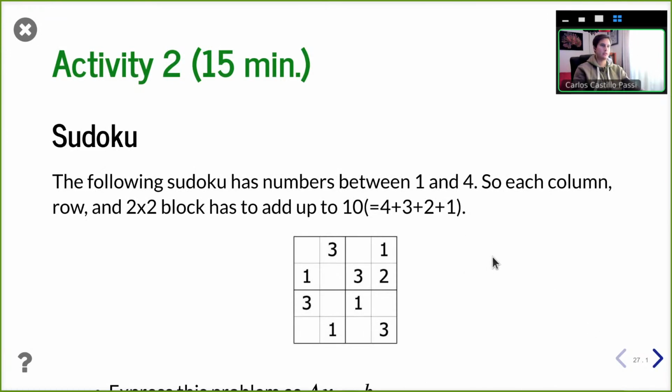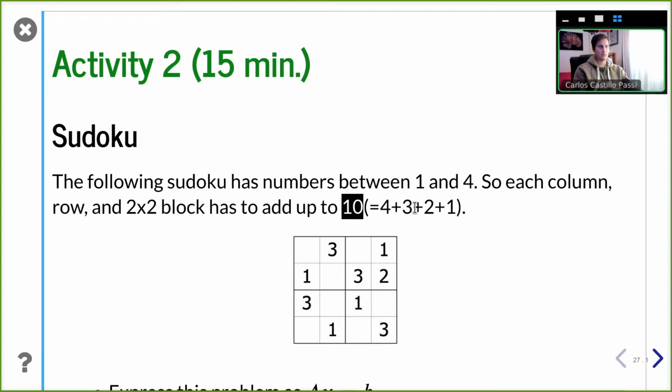Okay, so we have 5 minutes. The activity was to solve a Sudoku. So you have this, and you had to program a way to solve this 2x2 Sudoku by knowing that each of these square grids needs to add to 10. In regular Sudoku, you need a bigger number here, but here as 1 plus 2 plus 3 plus 4 equals 10, each of these are the same as 10.